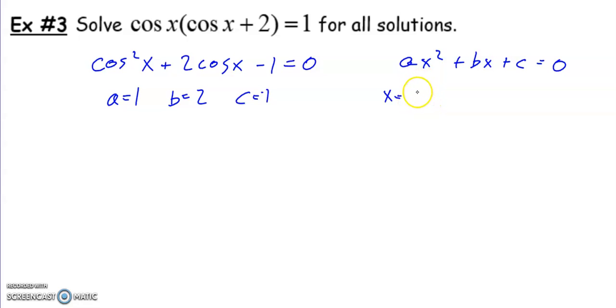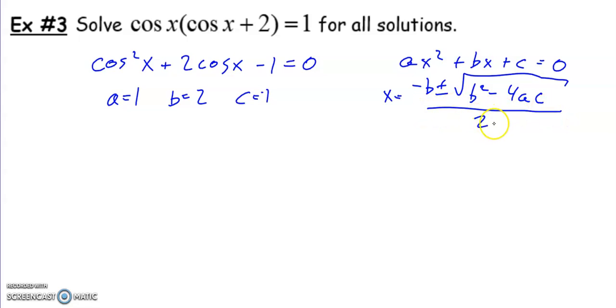The quadratic formula says x equals opposite b plus or minus the square root of b squared minus 4 times a times c, all over 2a. So hard not to sing it. But it's not going to be x equals. It's going to be the cosine of x that equals all of this when we plug it in.